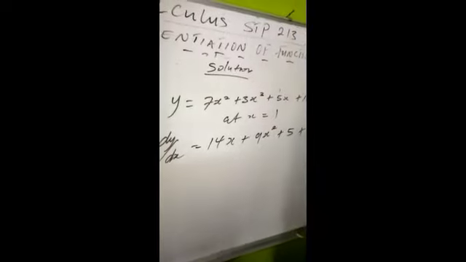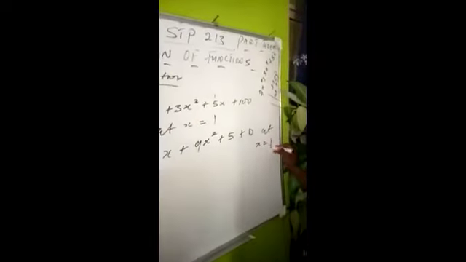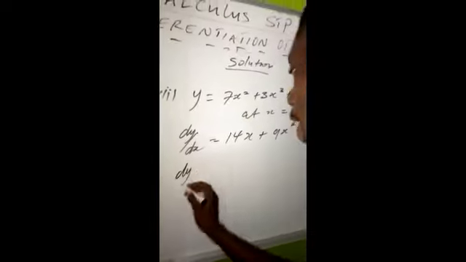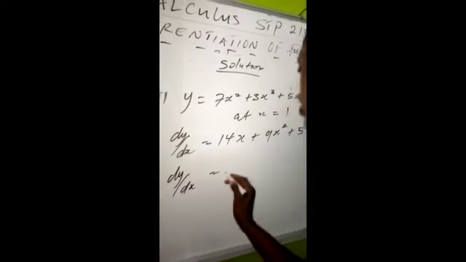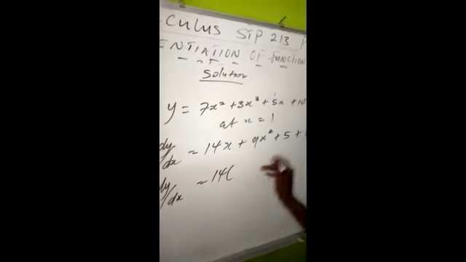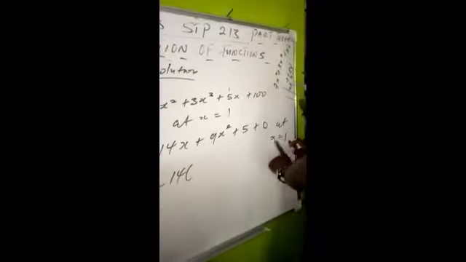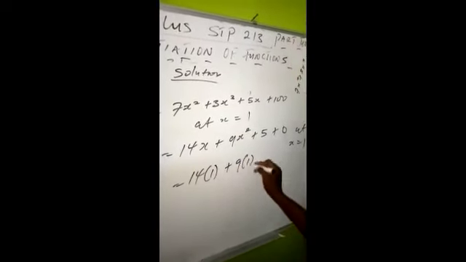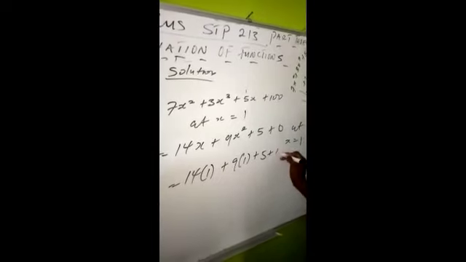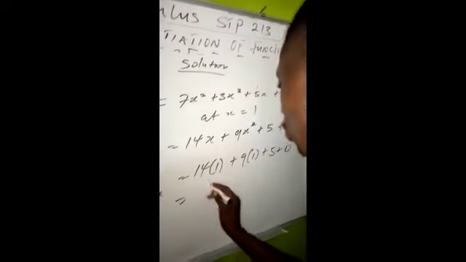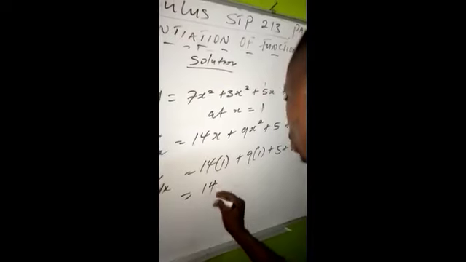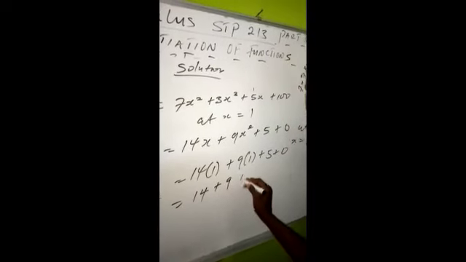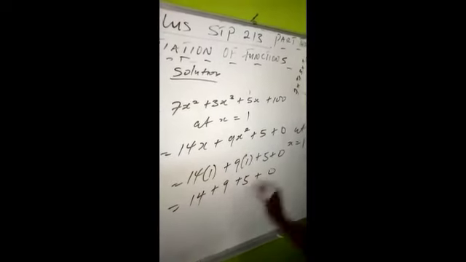So remember, at s equal to 1, dy/ds means 14 bracket. Any place I see s, I put 1. So 14 times 1 is 14, plus 9 plus 5 plus 0.